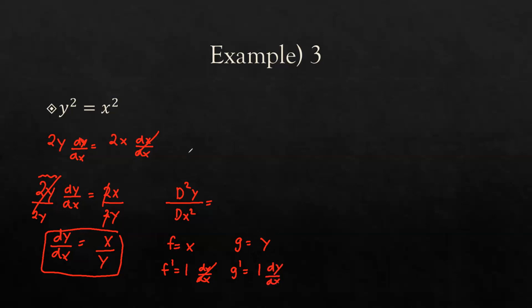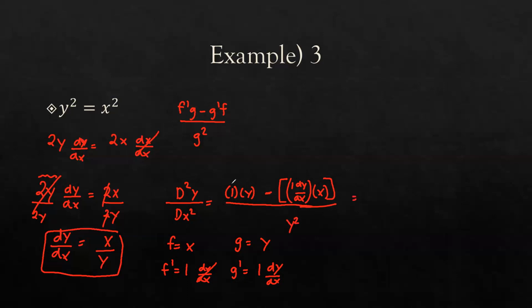So if you recall, the quotient rule is f prime of g minus g prime of f, all over g squared. So f prime is 1, g is y, minus g prime, which is 1 dy/dx, and then f is x, all over g squared.